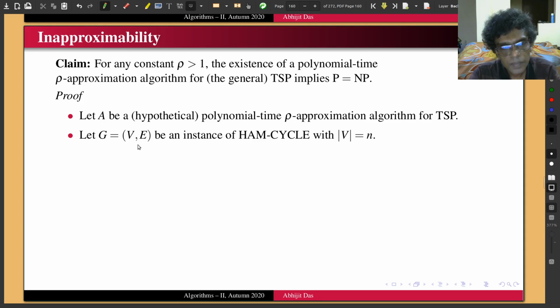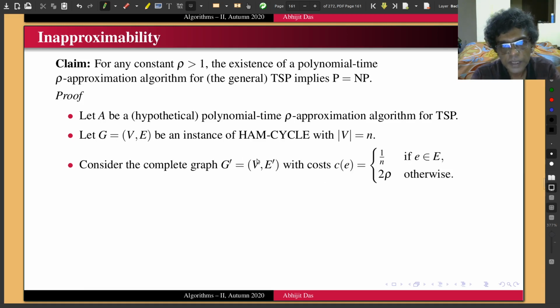Okay. So, I will now compute a complete graph on this vertex set. I will keep the vertex set V, but I will change this edge set to E prime, which now consists of all possible edges connecting these vertices.